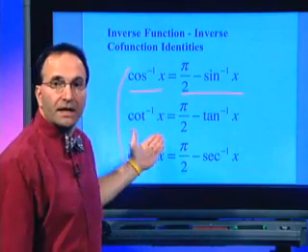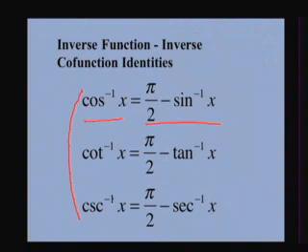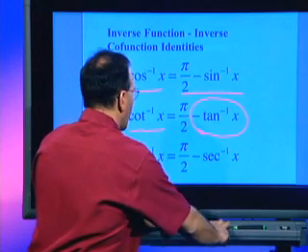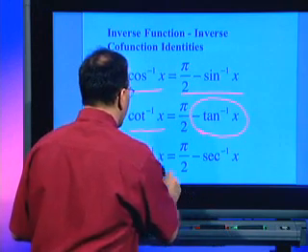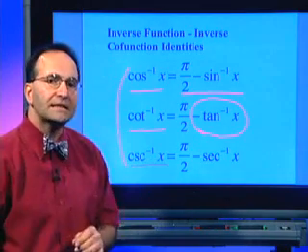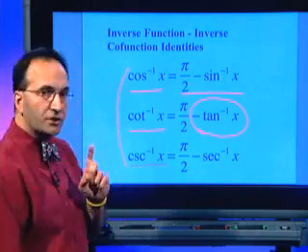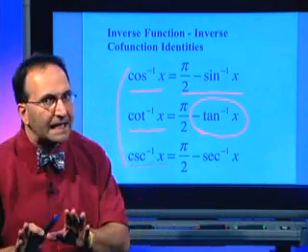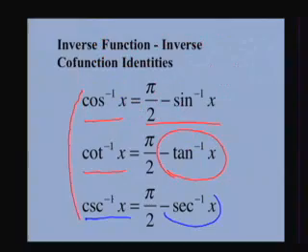And similarly, if we want the derivative of cotan inverse, that's going to be equal to negative the derivative of tan inverse. And then finally, down below, if we wanted the derivative of cosecant inverse, then we can say that's equal to negative the derivative of secant inverse.